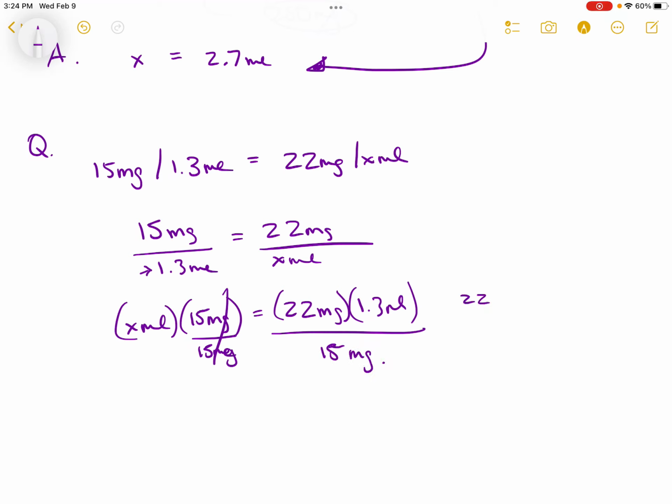So then we've got 22 times 1.3 divided by 15. 22 times 1.3 divided by 15 gives us 1.90666667. So we're going to make that into a value that we can drop in a syringe. So X is going to be 1.91 mLs.